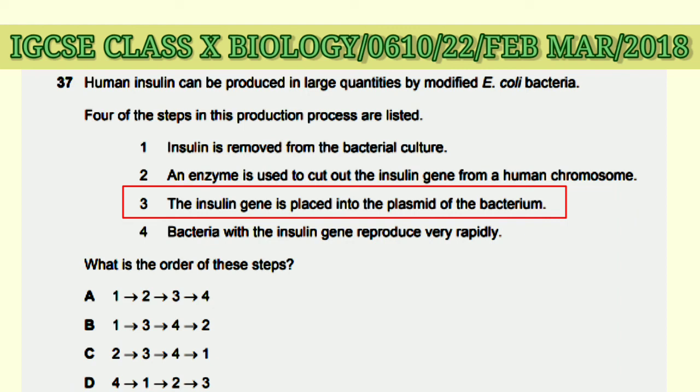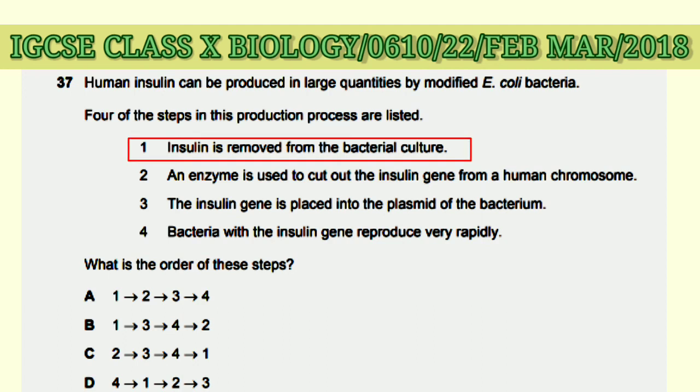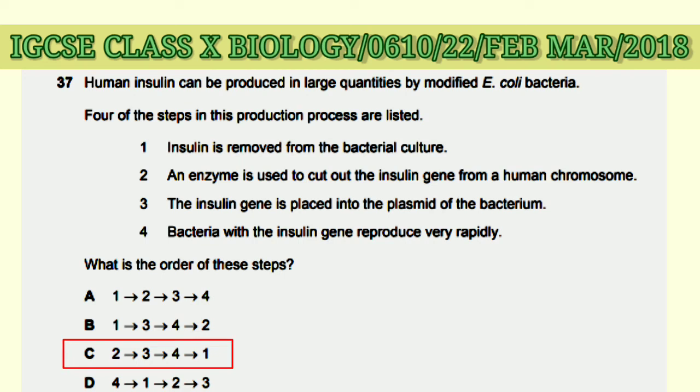Second will be the insulin gene is placed into plasmid of a bacterium. Next will be bacteria with insulin gene reproduce very rapidly, and the last step will be insulin is removed from the bacterial culture. So correct answer here is option C, 2, 3, 4, 1 are the steps in order.